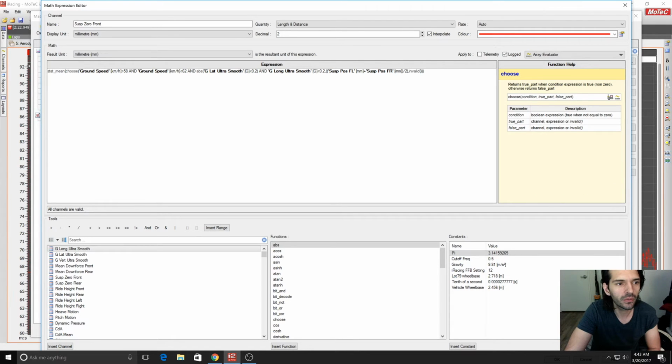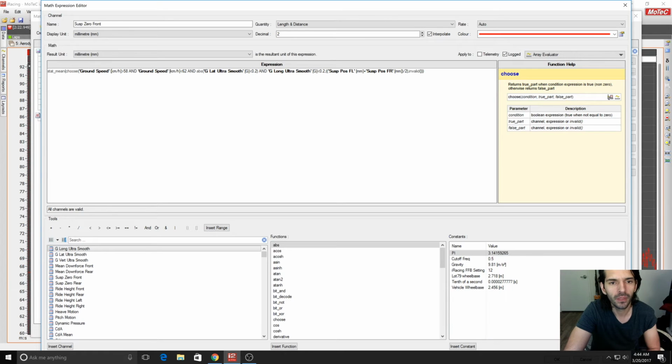And what did I do? I said choose between the speed of greater than 58 and ground speed less than 62. So that gives us a 4 kilometer per hour buffer zone. And this is just to make sure that you're going straight, so that you can do this at any racetrack.